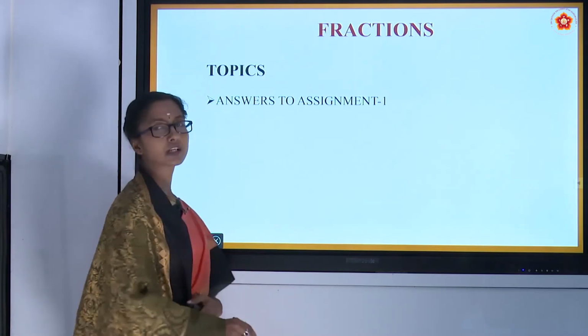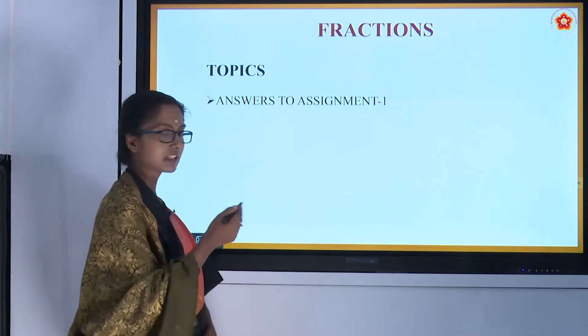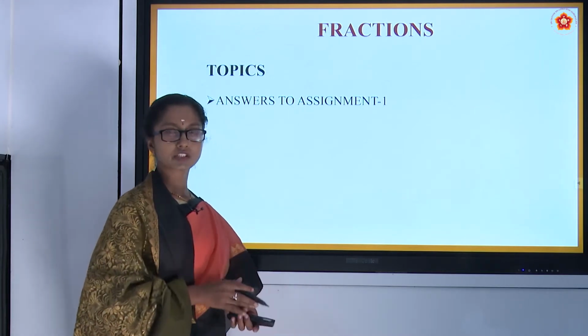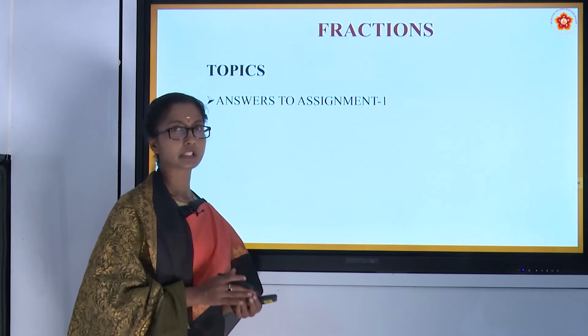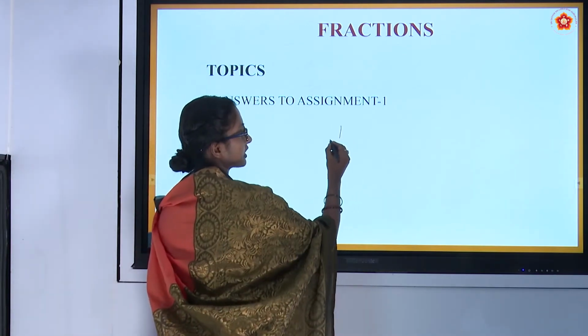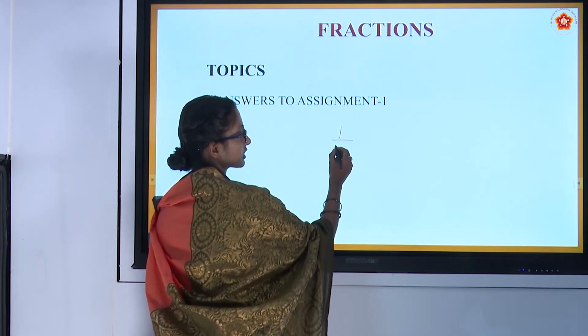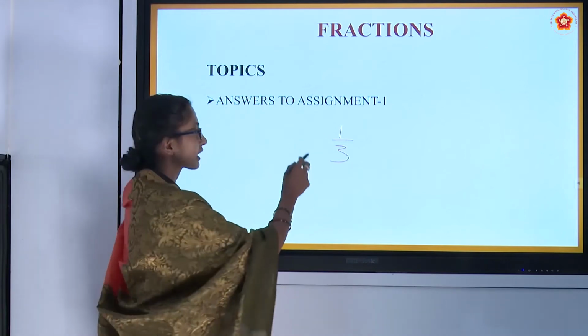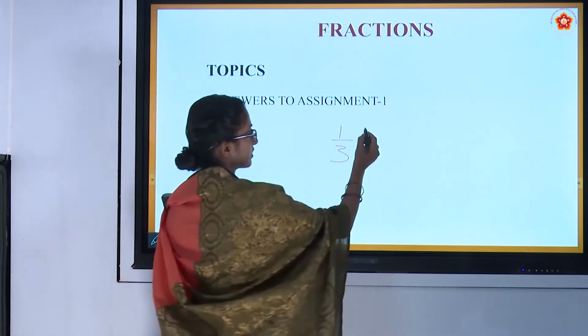Before going to the second part, in the previous class we came across proper fraction, improper fraction and mixed fraction, right? Let's have an example for proper fraction: 1 by 3. The numerator is smaller than the denominator.